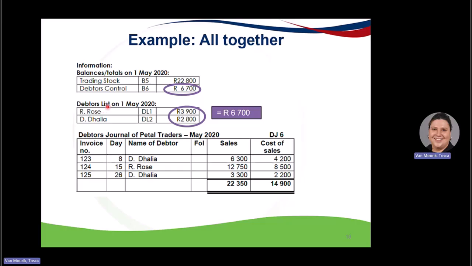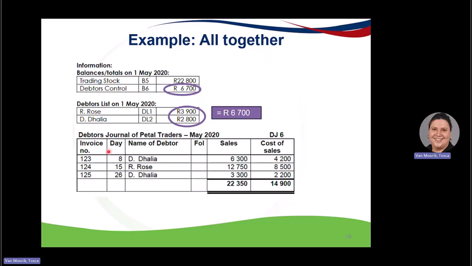Remember, our debtors lists can be pages and pages and pages long. Okay, so this is just an example, but it's a small example. But if you have a debtors list for 2 debtors or 100 debtors, we're going to do exactly the same. Again, we probably would have 3, 4, 5, 6 pages worth of credit sales.